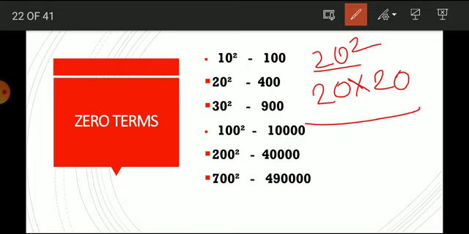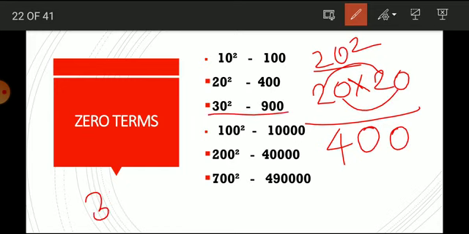I already told you that when zeros come in the ones, tens or hundreds place, we don't bother about those zeros. We multiply the non-zero terms: 2 twos are 4. After that we just put the zeros. How many zeros are there? So 400.